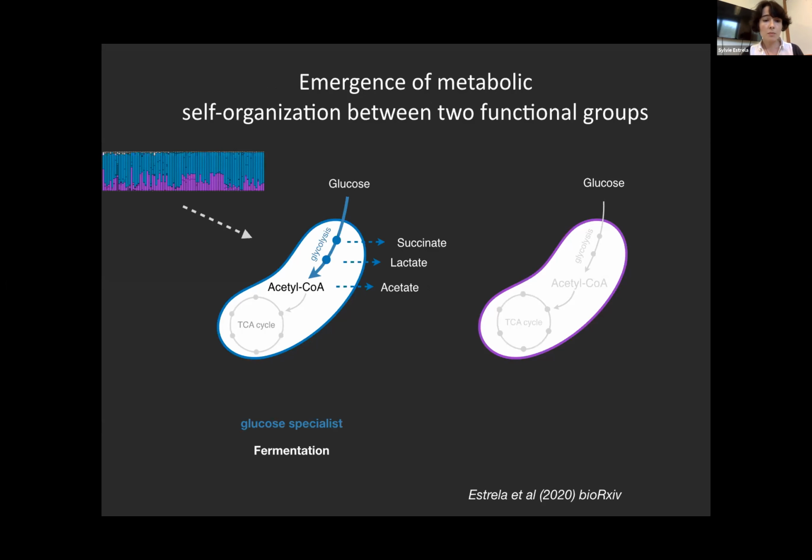So between glucose specialists that ferment the glucose and organic acid specialists that cross-feed on the byproducts of fermentation. So they are respirers. And also, what is important here is that these metabolic traits are conserved at the family level, which then explains why we see convergence at the family level.